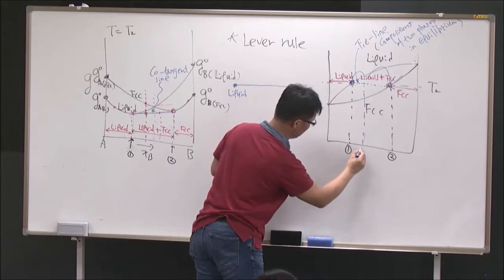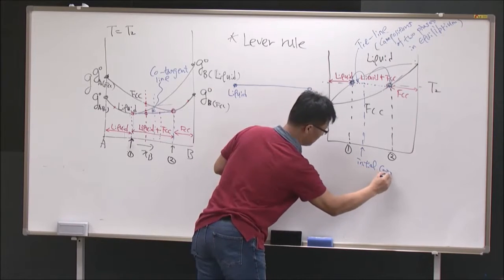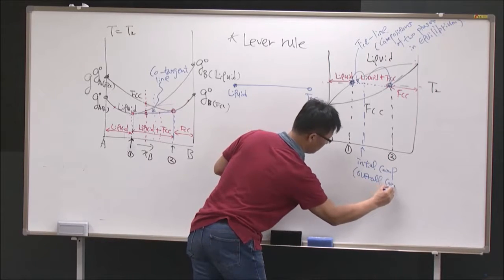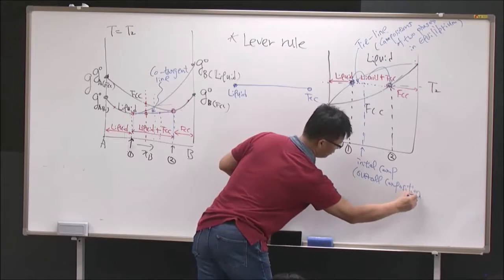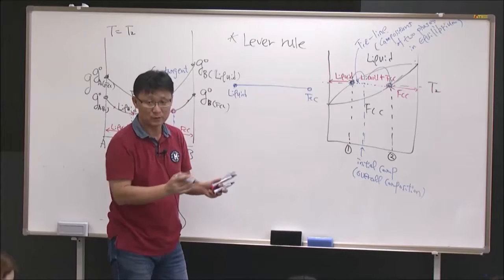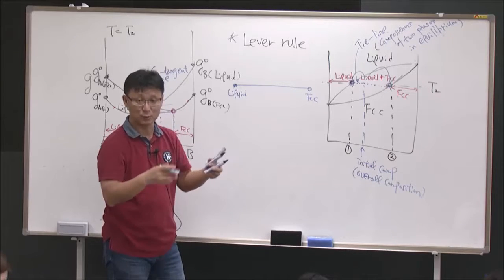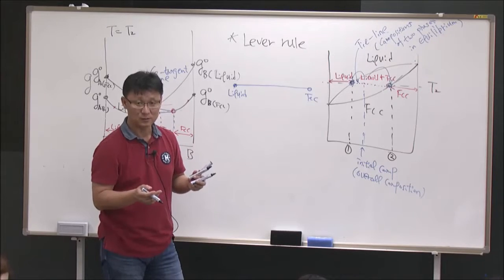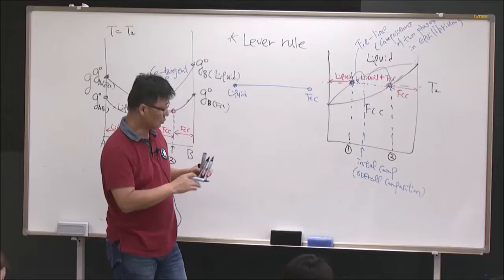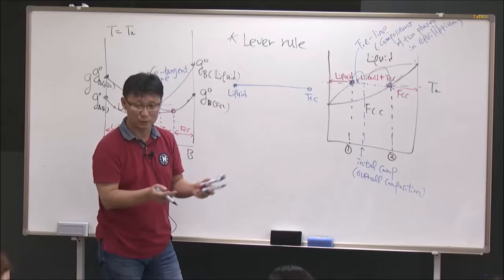So let's take this as my initial composition, or you can say the overall composition, the average composition of the system. My input composition and my average output composition are the same here, because mass is not changing. Okay? The fraction of each element is not changing. So if this is a closed system, the initial composition is the same as the final composition.